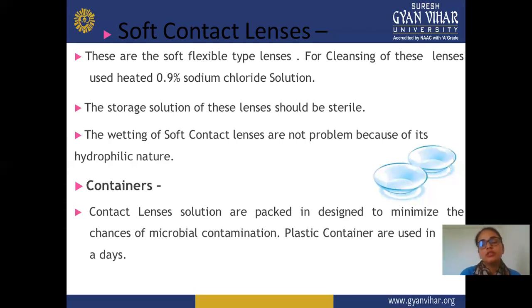We put these soft contact lenses into an isotonic solution, and we use a plastic container for storage. Means in the plastic container, first we take the isotonic solution prepared with 0.9% sodium chloride, we add this isotonic solution to the plastic container, and after that you put in your lens. So it stays free from microbes, with fewer chances of contamination, because these containers are closed-type containers.